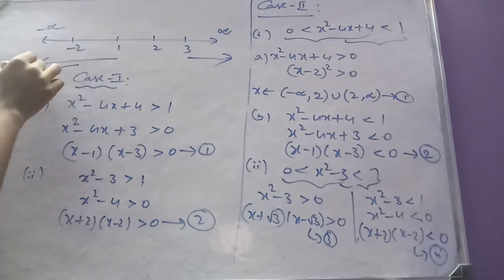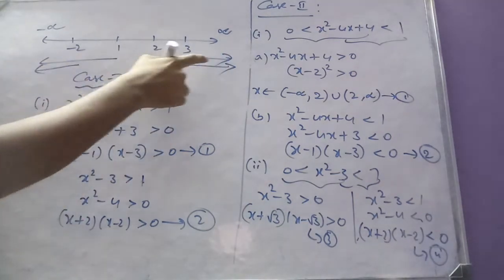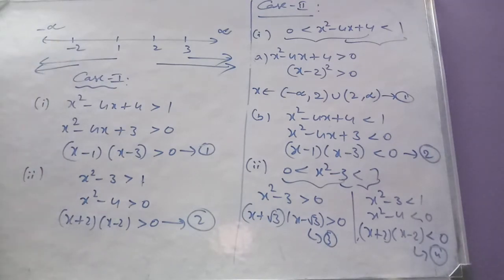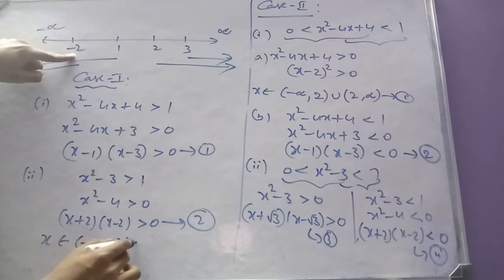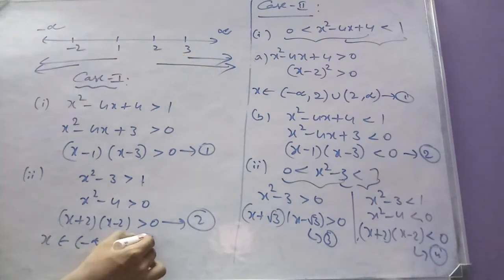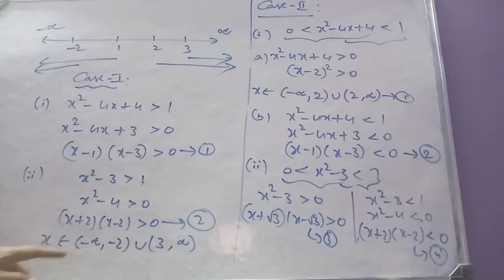So that means less than minus 2 or greater than plus 2. So wherever we have got double lines, take that interval. Therefore the solution set of case 1 is x belongs to minus infinity comma minus 2 union 3 comma infinity. So this is the first solution set.